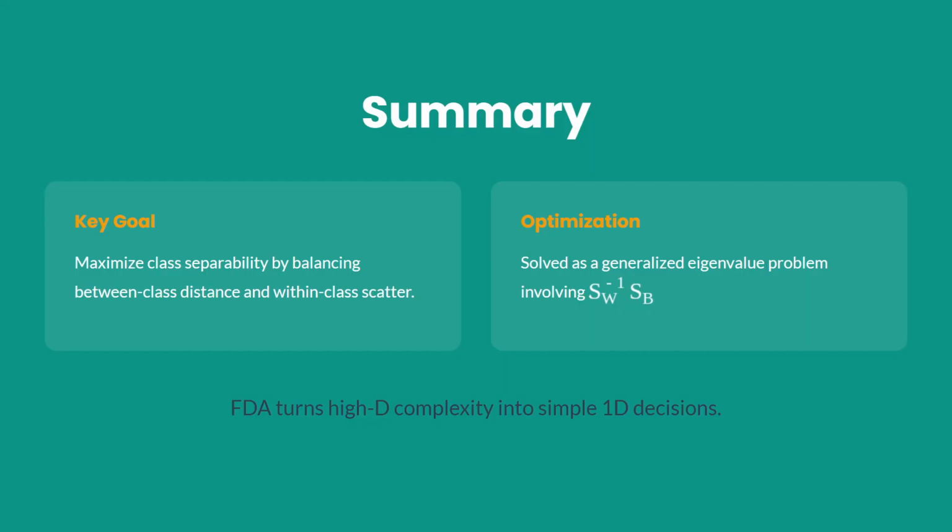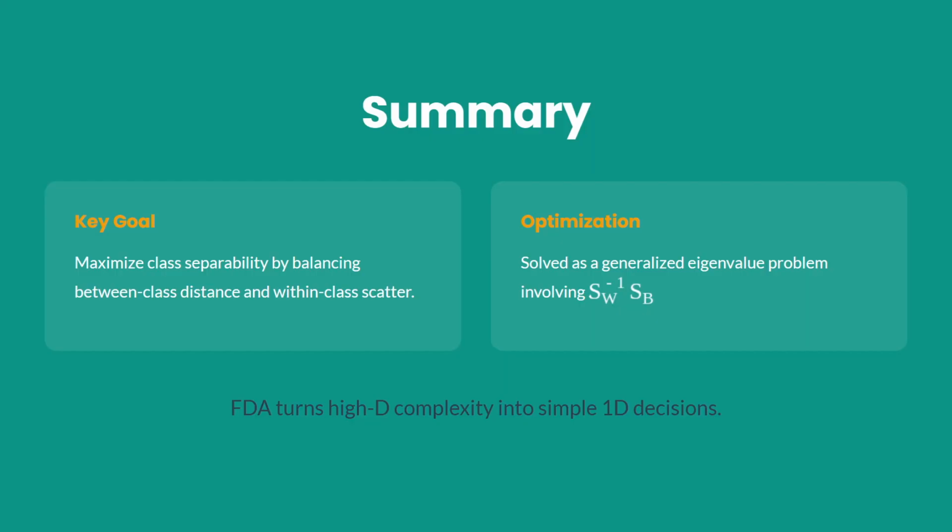Or you can do it by differentiating and equating to 0, and then you get W proportional to SW inverse (M1 minus M2). But you have to open SB, and when you do, you will see it as (M1 minus M2)(M1 minus M2) transpose, and then (M1 minus M2) transpose W is also a scalar. So we remove all this, and W, which is on the other side of the equals sign, comes to this side, and W will then be proportional to SW inverse SB.